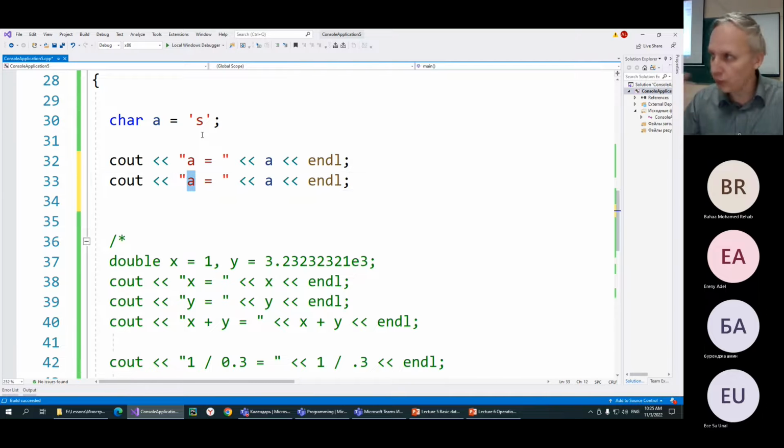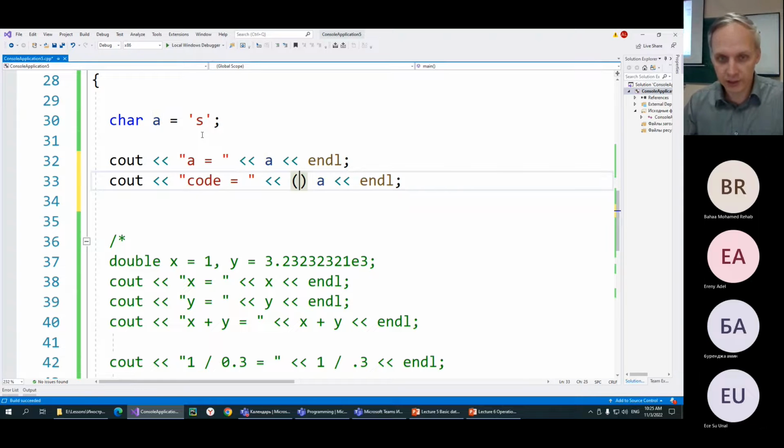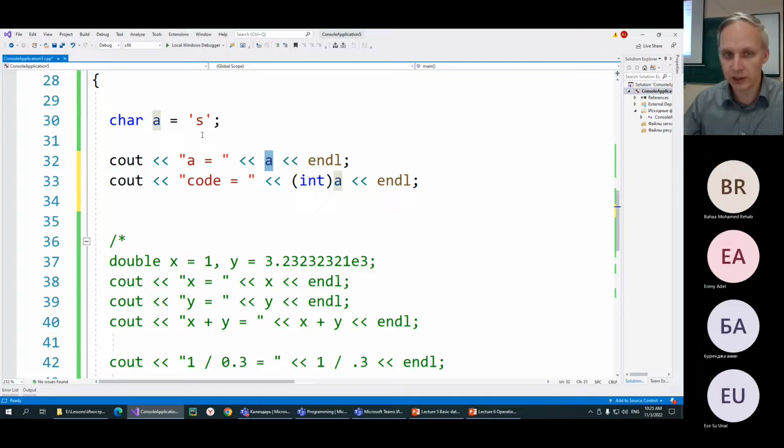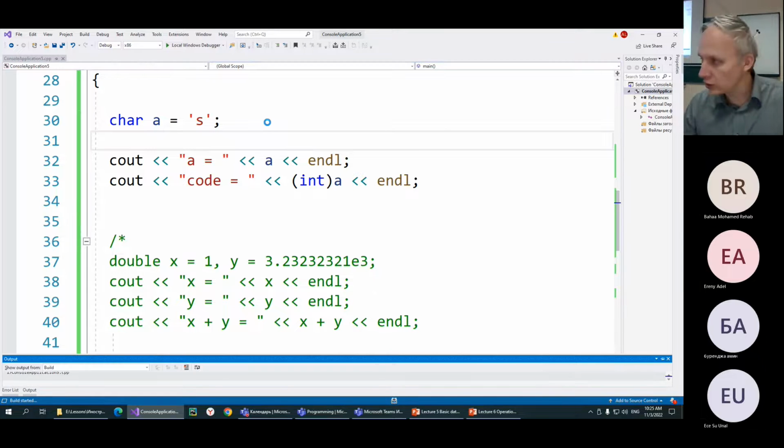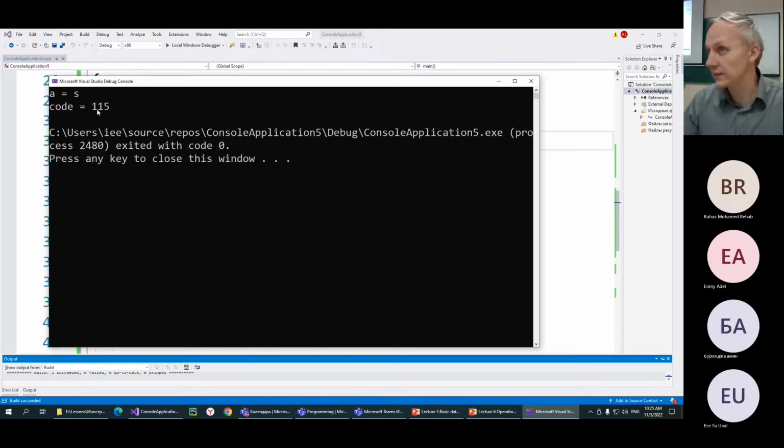Let's output the code to the screen. It's very simple to do. I force the output statement to consider a as an integer. Here, a is considered as a char, as a character, and here as an integer. And we see that the code of s is 115.